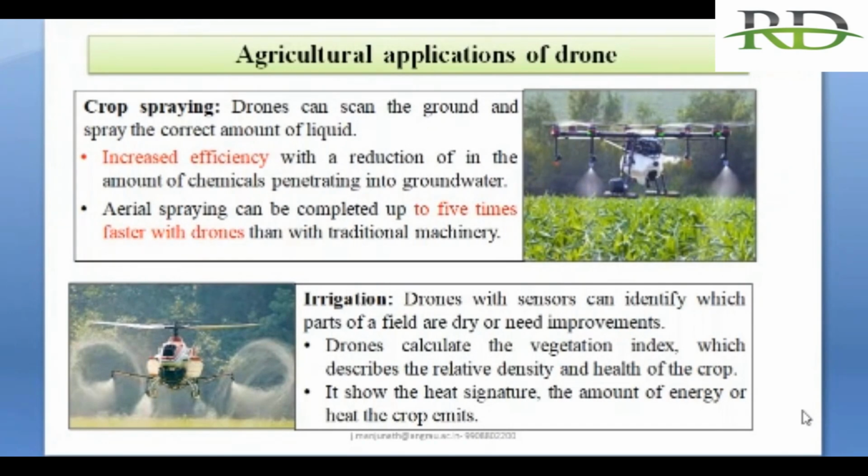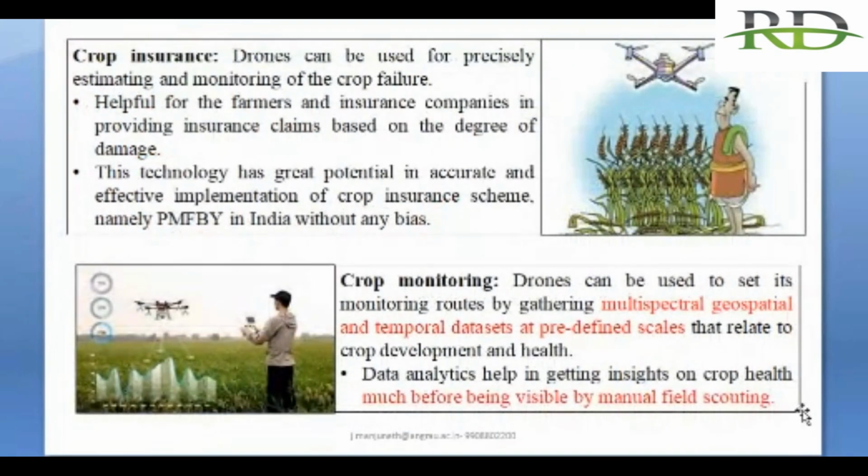Next, in crop insurance, using the drone we monitor and estimate crop failure, and by monitoring with this drone we can also assess the insurance. Next. Next is crop monitoring.